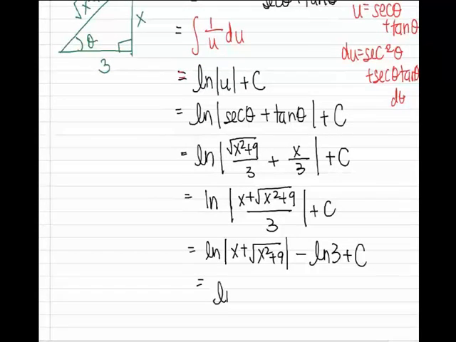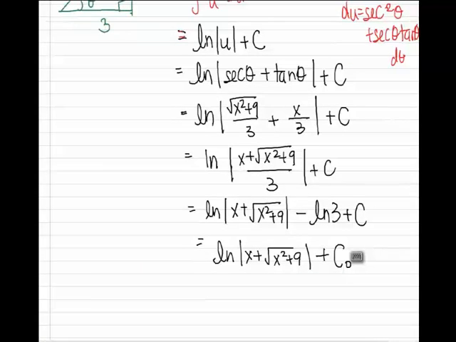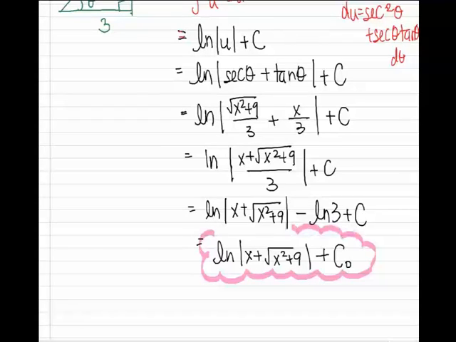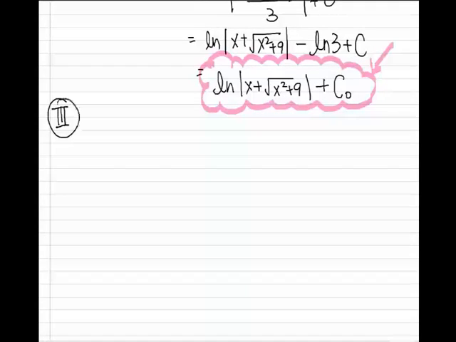So this is actually ln of x plus square root of x squared plus 9 minus or plus some new constant. Now why am I pointing that out? Again, because half of your AP test is multiple choice, and what if you saw this as your final answer, but you wrote this up here? You would need to know that they are actually the same thing and not choose, for example, a none of these as your answer. You wouldn't want to get that wrong just because you didn't know how to recognize the right answer.